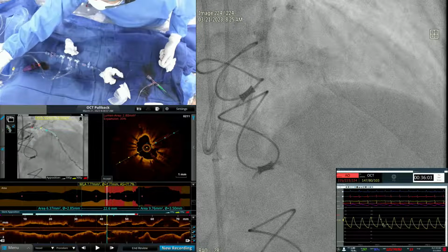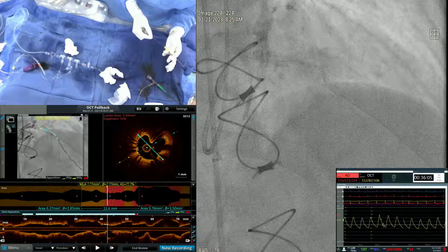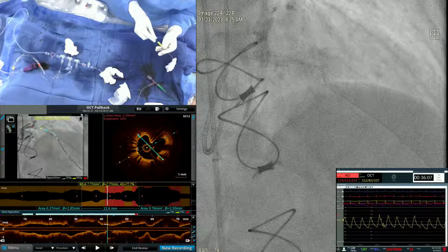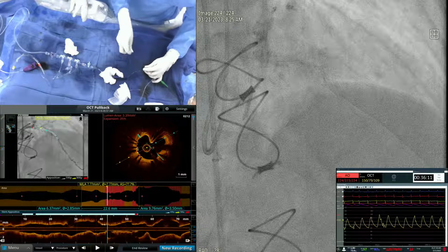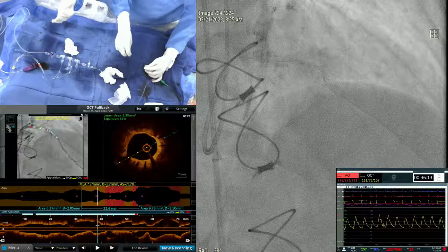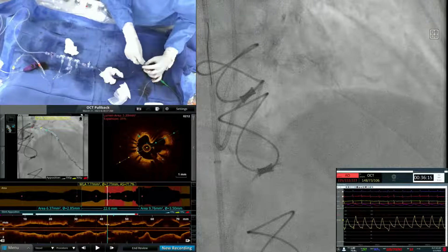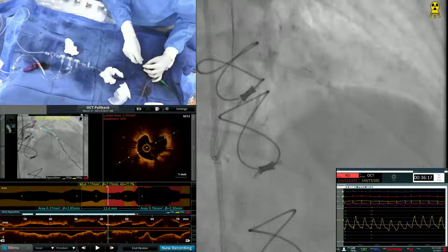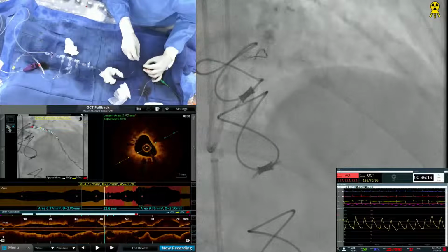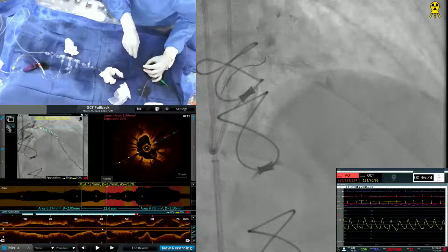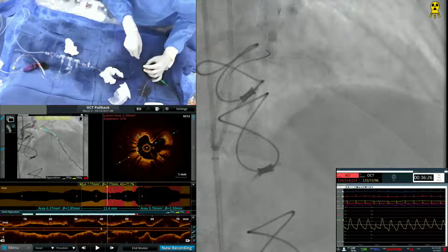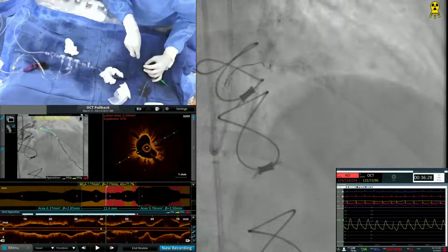Now, many times with positive remodeling, what you will see is the stent not apposed to the wall, and sometimes maybe poor expansion also. But the key is that once you get a lumen, by definition they say more than 5.5 in the epicardial vessel, that is your full stent expansion, and less than that is your stent underexpansion.